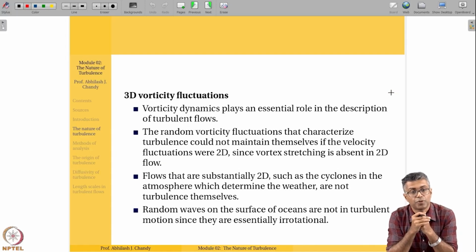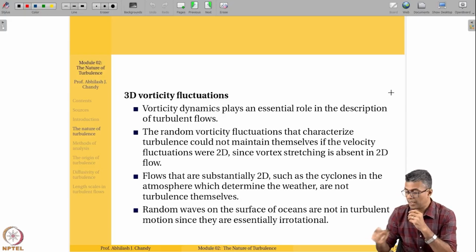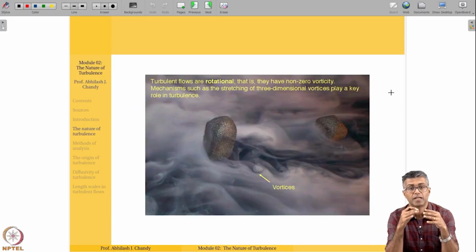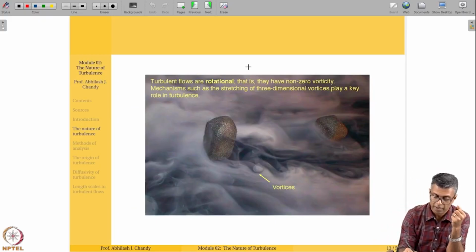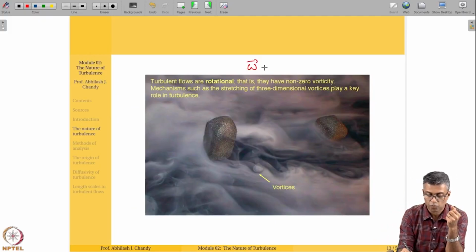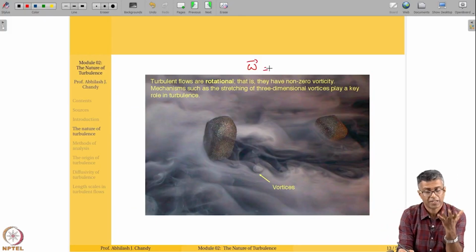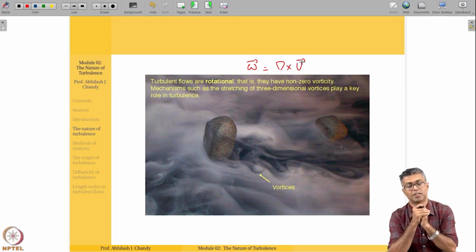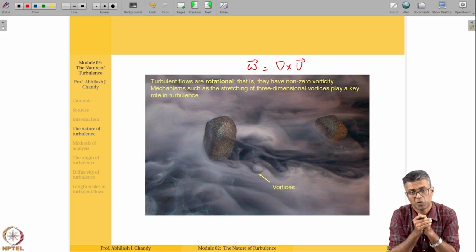The next attribute is three-dimensional vorticity fluctuations. So again, if I think about vorticity, it is the curl of velocity, right? Omega, which is vorticity, is a vector again, and it is described as del cross u, where u is the velocity vector. So it is the curl of the velocity vector.